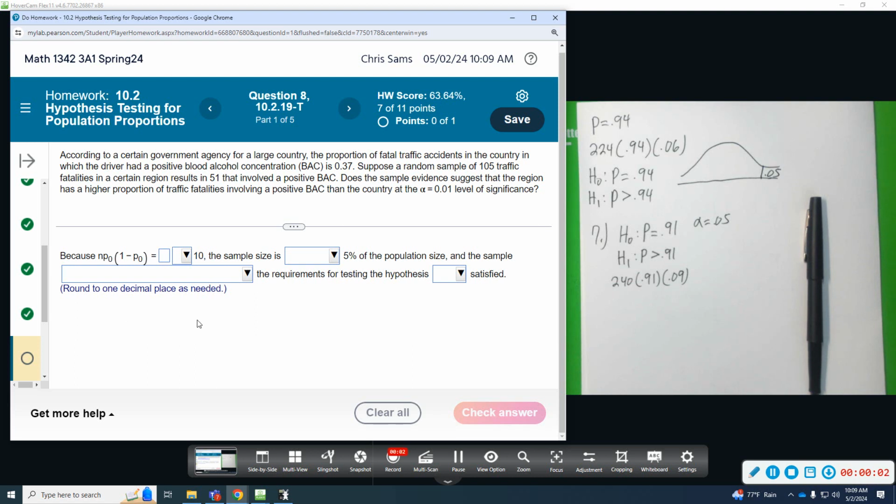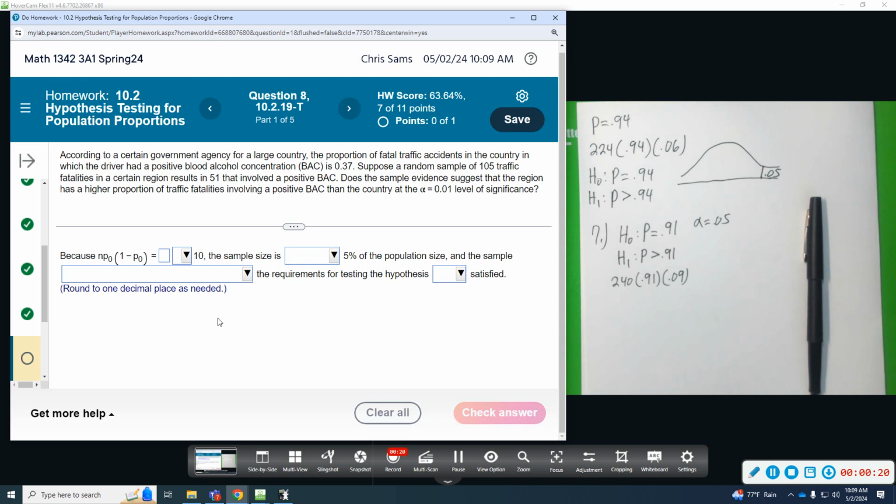Number 8. According to a certain government agency for a large country, the proportion of fatal traffic accidents in a country in which the driver had a positive blood alcohol concentration, BAC, is 0.37.